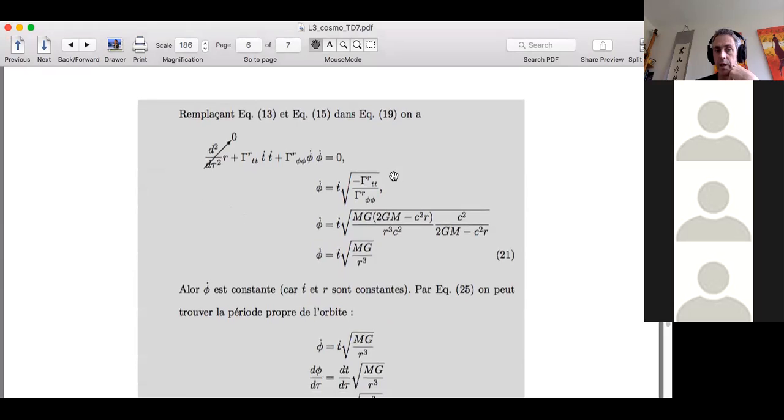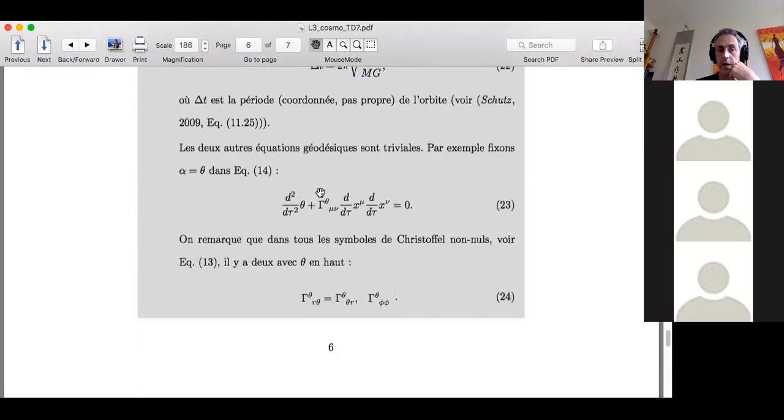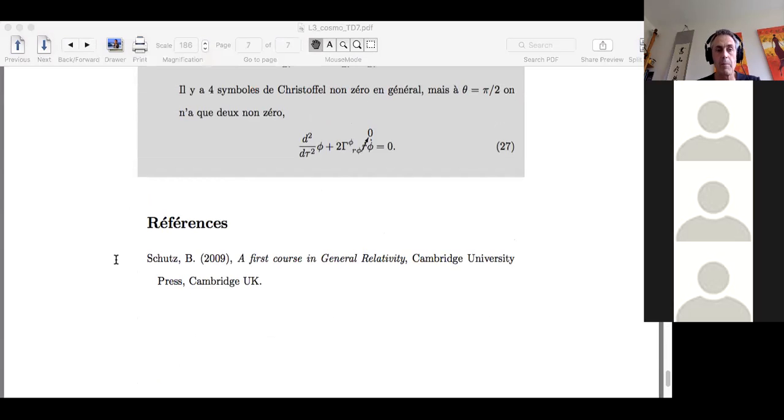So from this equation, equation 21, phi dot is constant because r is constant, and these are just constant parameters. So in fact, we knew that, and so we would just say that this is consistent with the above.